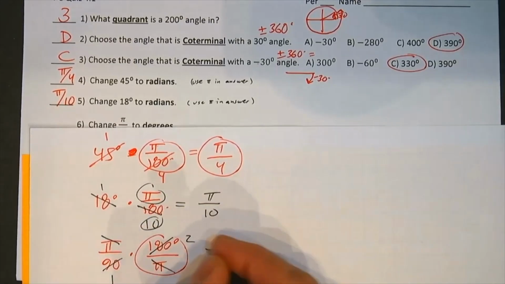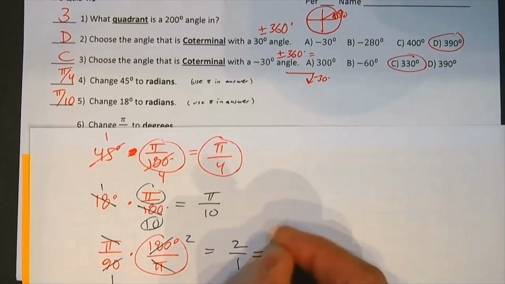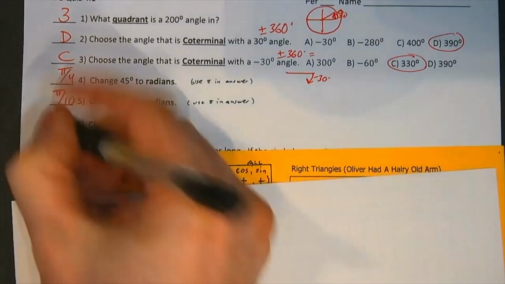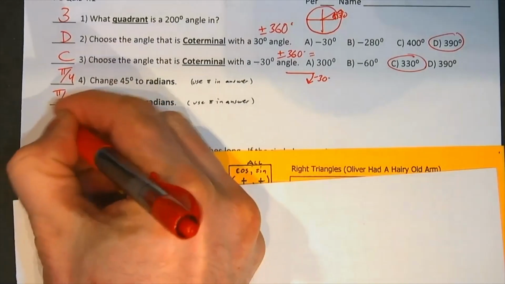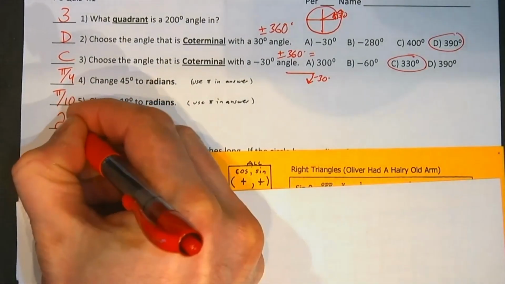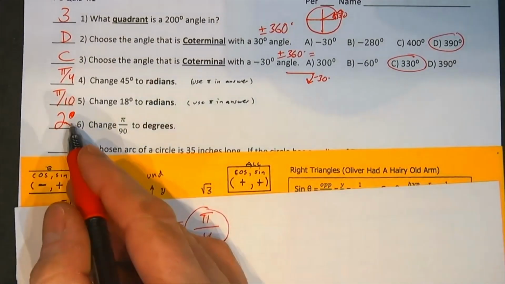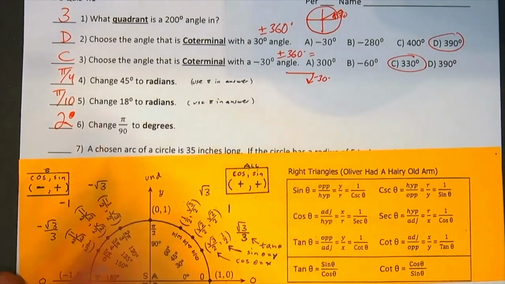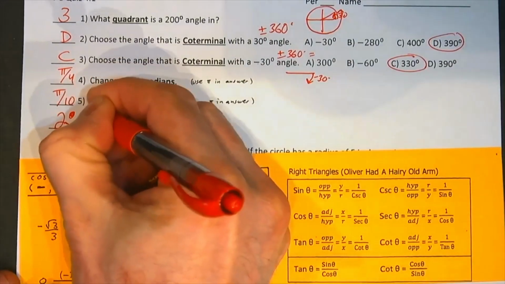Pi and pi cancel. I have 2 over 1 or 2. 2 what? 2 degrees because we're making degrees. So we'll put in 2 degrees, which makes sense. That's a degree. It's small. There we go. 2 degrees, because 2 degrees is a very, very tiny bit, only a 90th of pi.